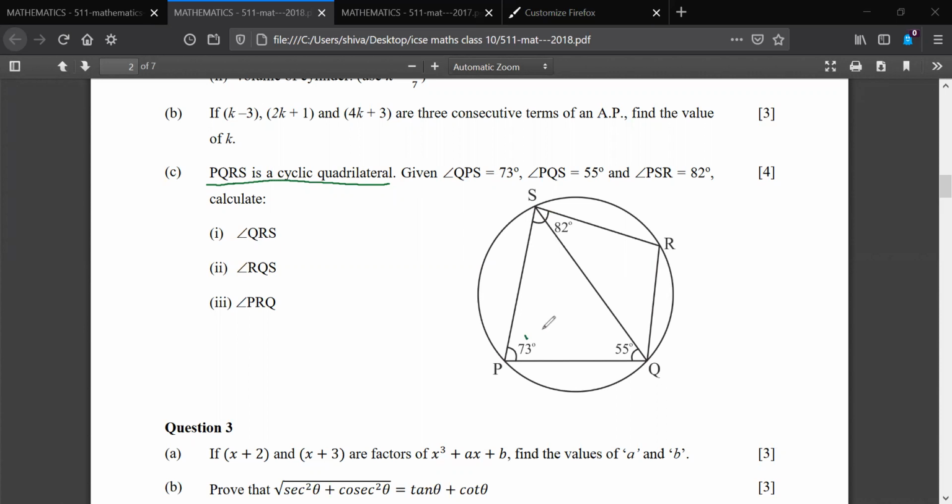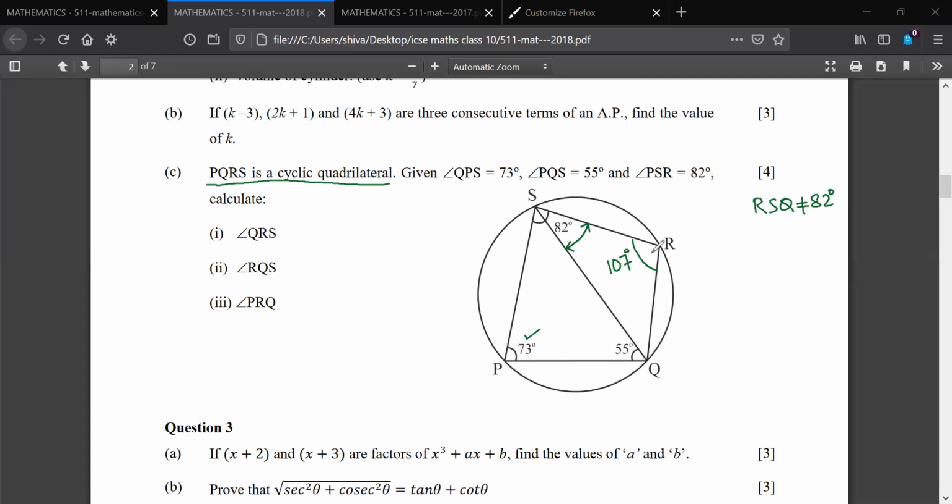So if this is 73 degree, this whole would be 107 degree. Any doubt, Mr. Rudra? No, sir. Okay. Now I need to carefully look at this. This is 107 degree. So if there is any confusion, this smaller angle, that is angle RSQ, can't be 82 degree because this is already 107 degree.